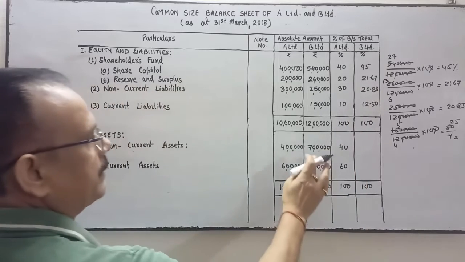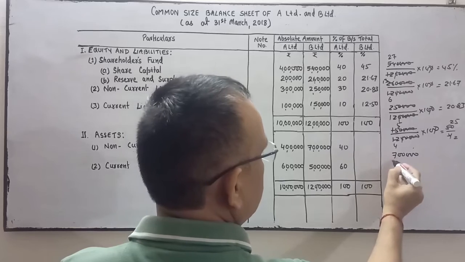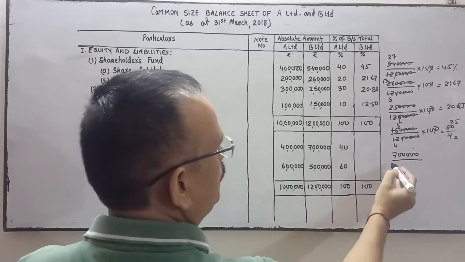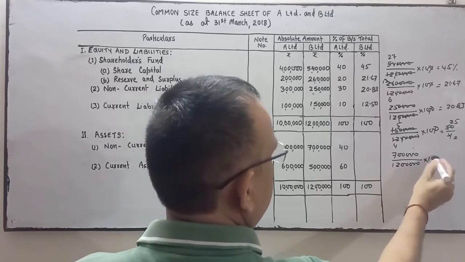Okay. Now here 7 lakhs is the non-current assets divided by total assets 12 lakh into 100.